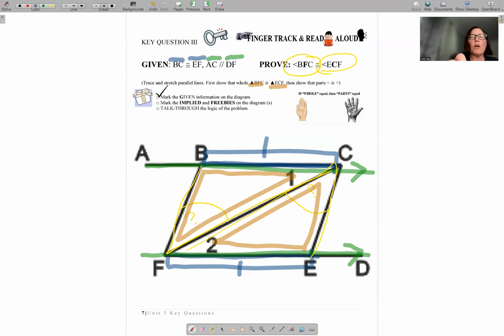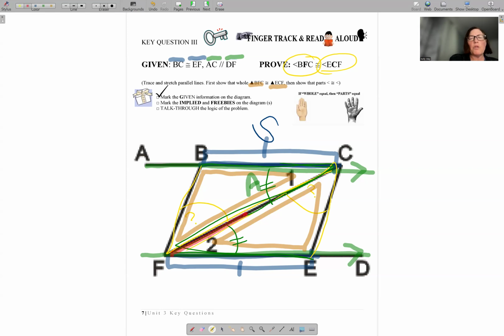And so far, our first given gives us a pair of sides. Implied by the parallel lines is going to get us angles 1 and 2 because of alternate interior angles, armpits of the Z. You should be tracing that, armpit of the Z. And that'll get us a pair of angles.